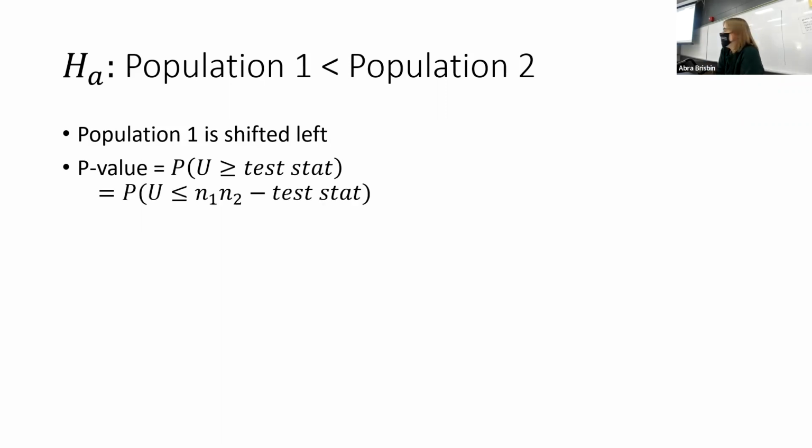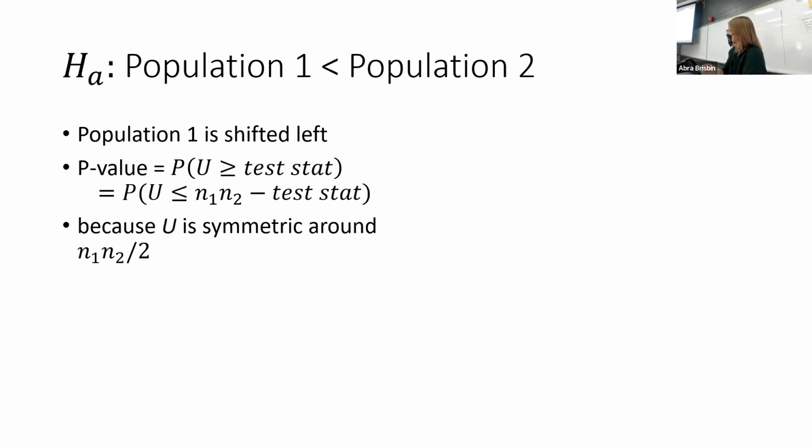And that turns out to be the same as the probability that U is less than or equal to N1 times N2 minus the test statistic. And that works because U is symmetric around half of N1 times N2.